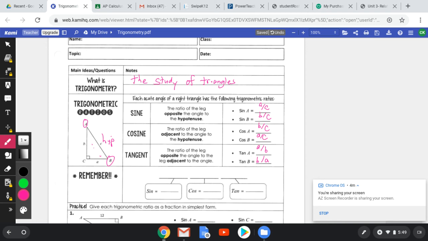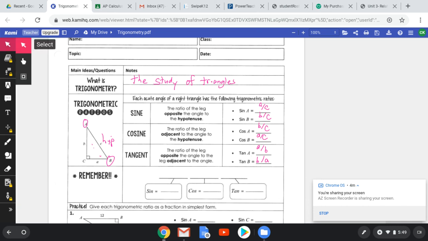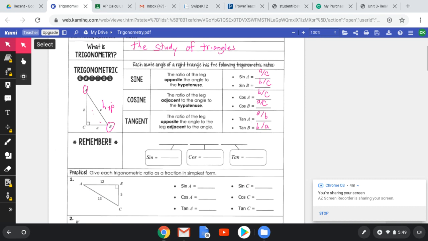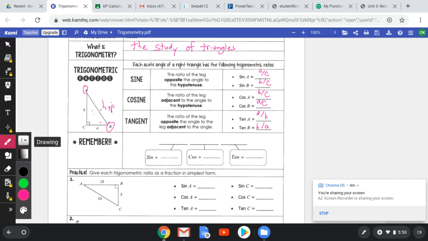Basically what that means is that if I have some angle, whatever A is, there's only one angle that corresponds to that specific ratio. It might be hard to remember the ratio for sine, for cosine, for tangent. To help us remember, there's a little mnemonic called SOHCAHTOA.